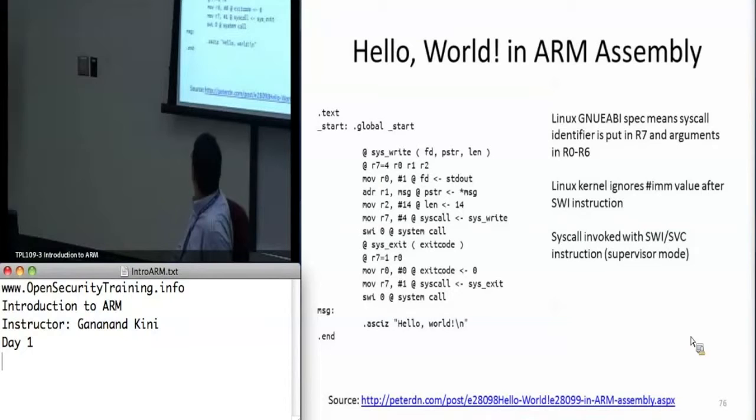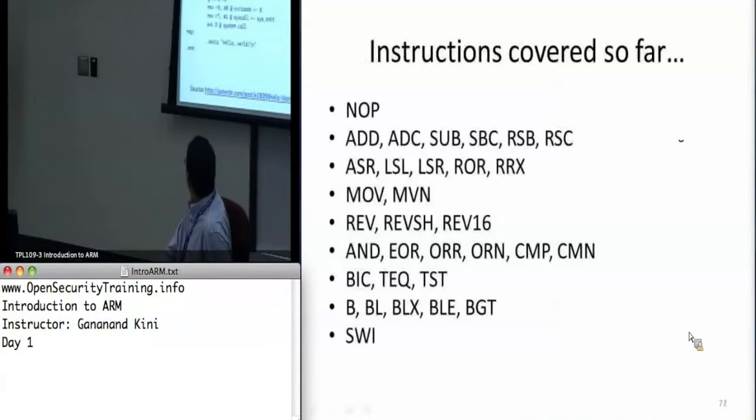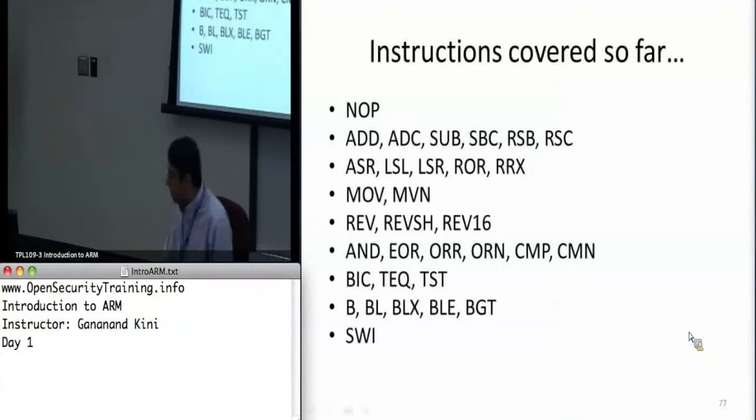So the instructions we've covered so far are up there. We went through the arithmetic operations, logical operations, memory and data operations. Finally, we went through control flow, how the branches work, and we covered the SWI as used for a system call.